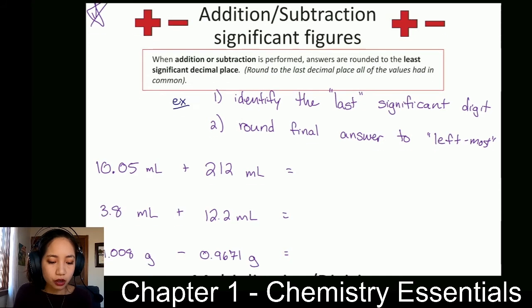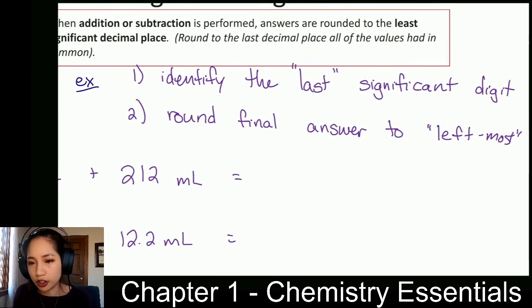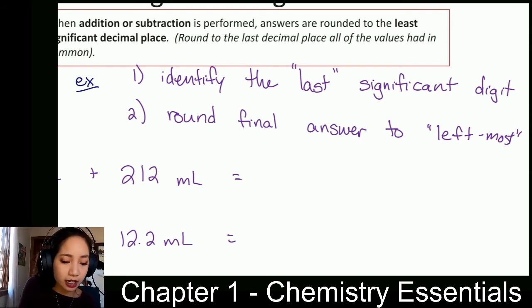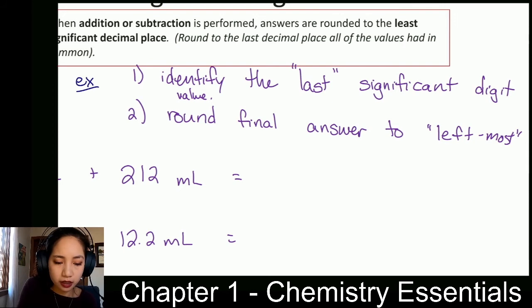All right, so I summarize the steps in which to do an addition subtraction sig fig calculation. The way I go about it is first I identify the last significant digit in the values that you input into the calculation. What I mean by last significant digit is really just the rightmost digit.